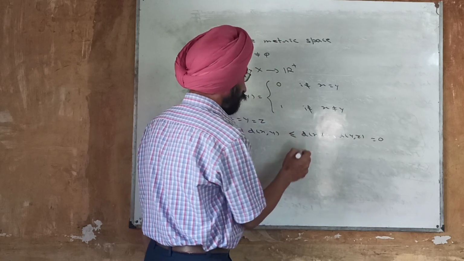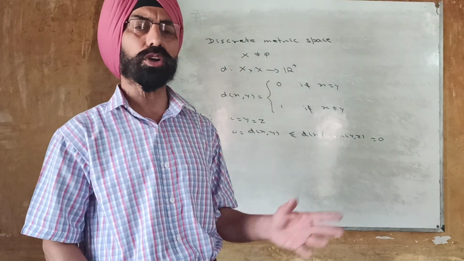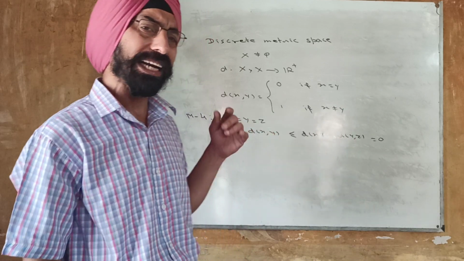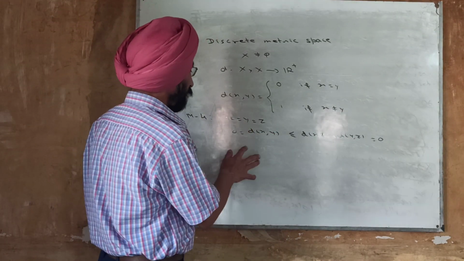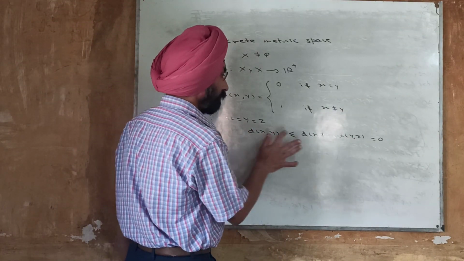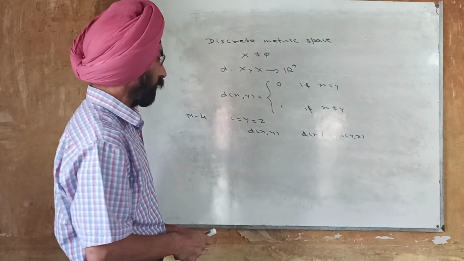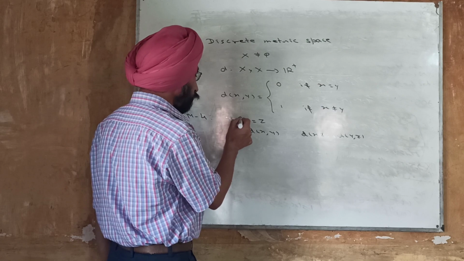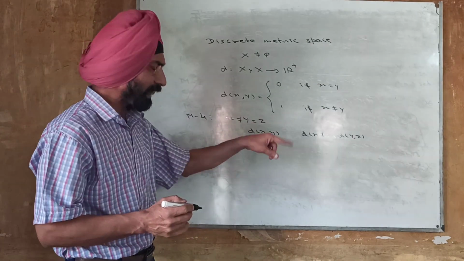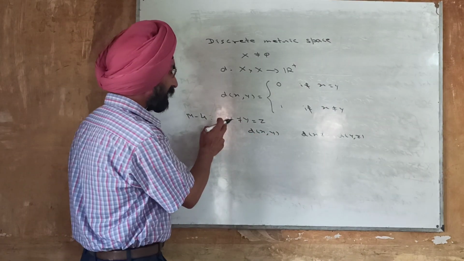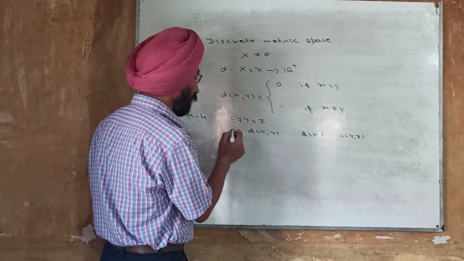So if we write 0 is less than or equal to 0, it is correct. Second case: suppose now I change the values and we check whether the inequality still holds. If x is not equal to y, but y is equal to z, then since x is not equal to y, this is equal to 1.